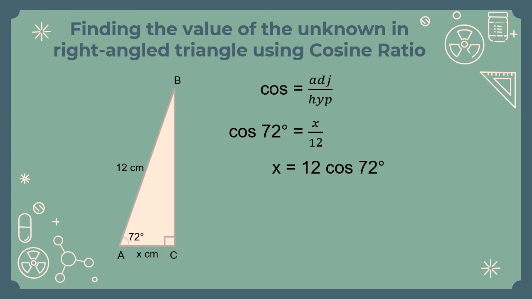So use your calculator: 12, shift cos, 72 degrees. So x now is equal to 3.71 centimeters. Again, the missing unknown in this right-angled triangle is 3.71. x is equal to 3.71.